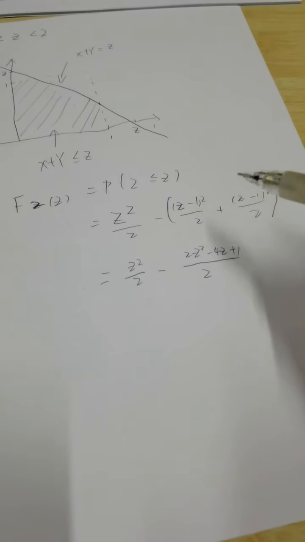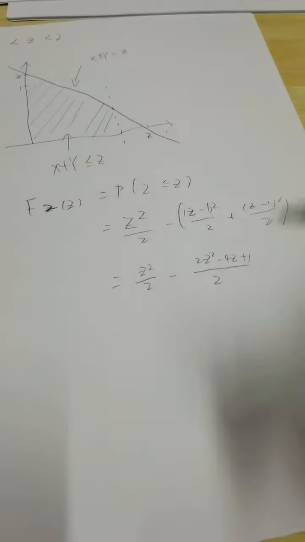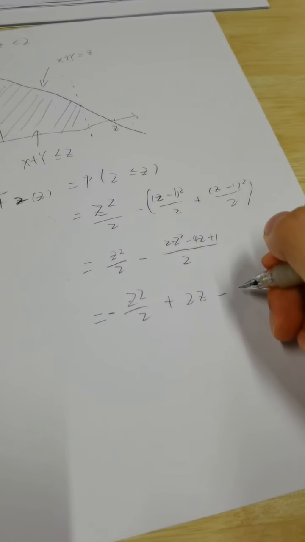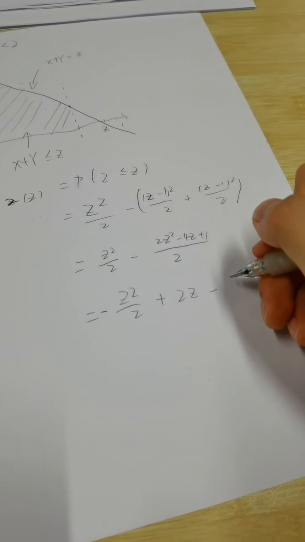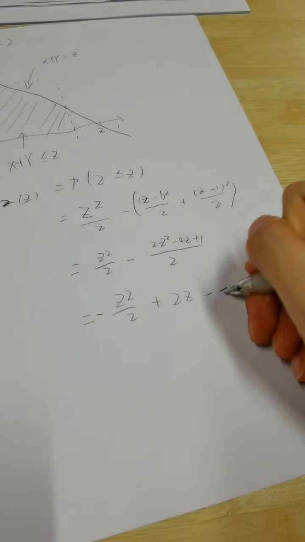And then we can calculate that this is equal to negative z square divided by 2 plus 2z, because this part minus this part is z square, this part just cancels, and this is 2z minus 1 half in here.